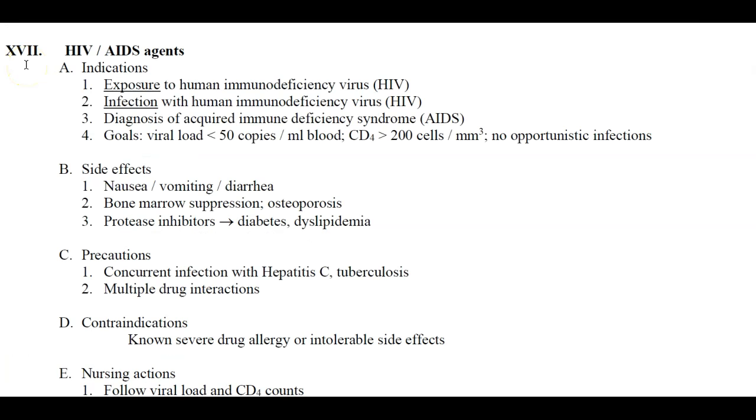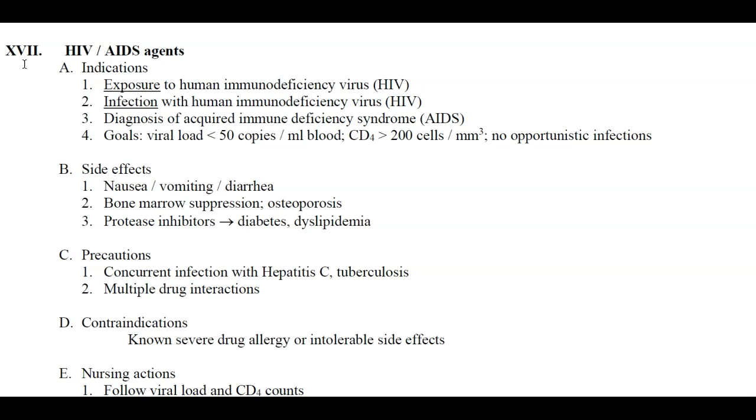Next is HIV or AIDS agents. Indication: it can be from exposure or infection. So if the patient has been exposed to the HIV virus or if they have an active infection with HIV. In addition, these are also used when a patient has been diagnosed with AIDS, or acquired immune deficiency syndrome. The goals for the treatment usually include a viral load of less than 50 copies.